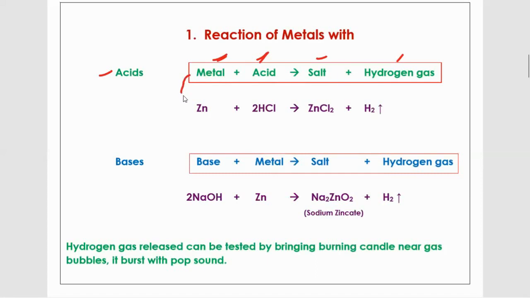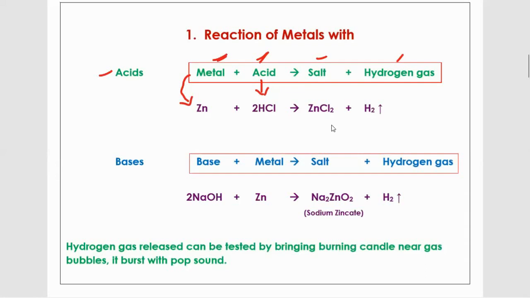Here we have taken zinc as an example of a metal, and for the acid we took HCl, which stands for hydrochloric acid. When zinc reacts with HCl, that gives zinc chloride. I have posted another video regarding how to identify acids, bases and salts.